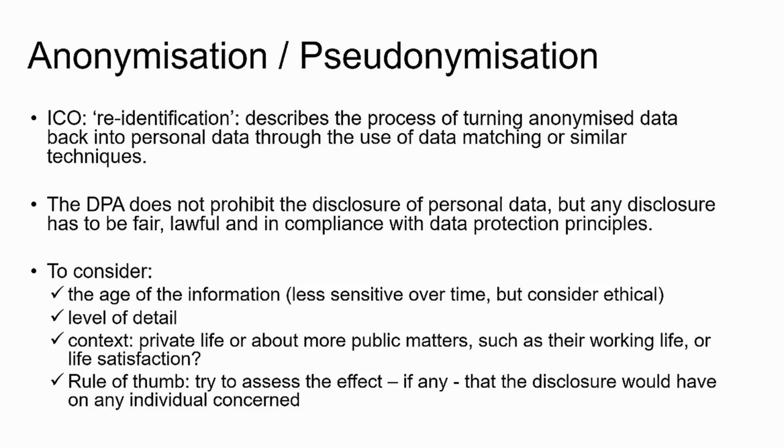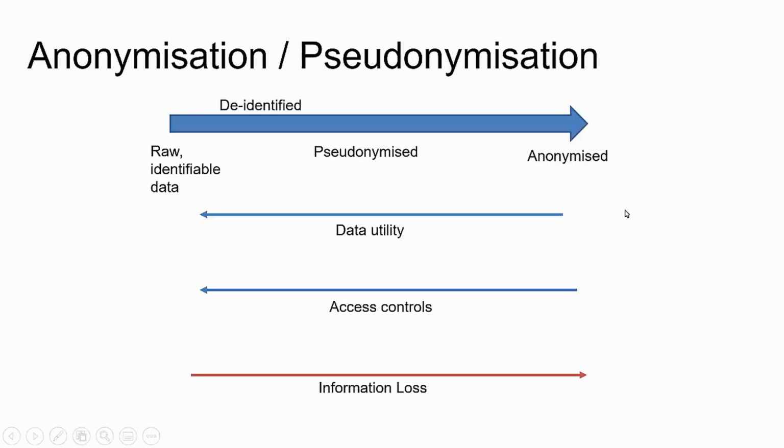Okay, and I think we can move to the next slide, Maureen. Thank you. And here I tried to put together a visualization. The first arrow at the top, the blue one, is going from left to right. So we have raw identifiable data.